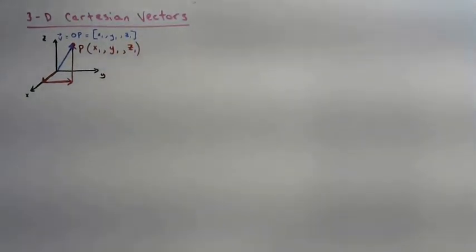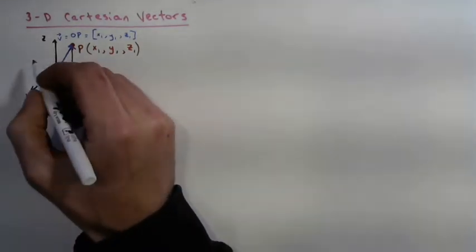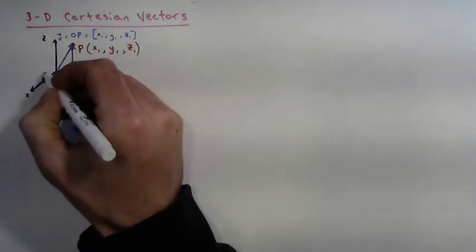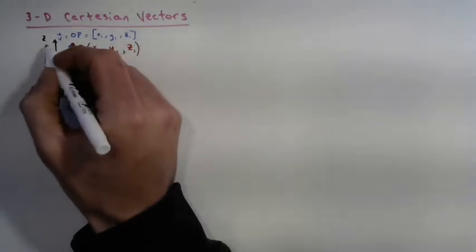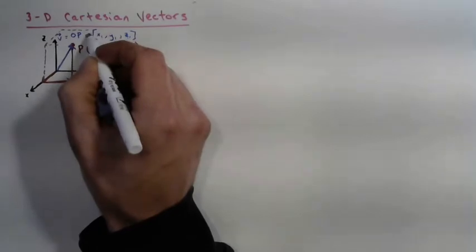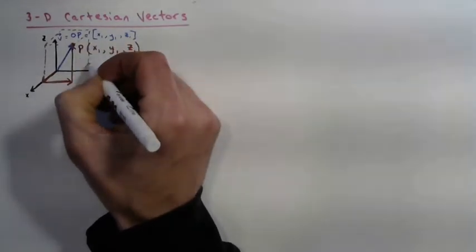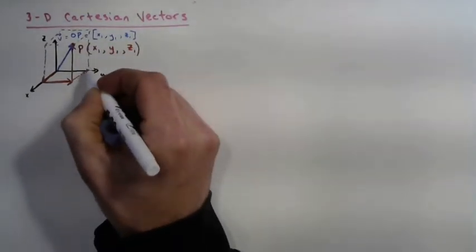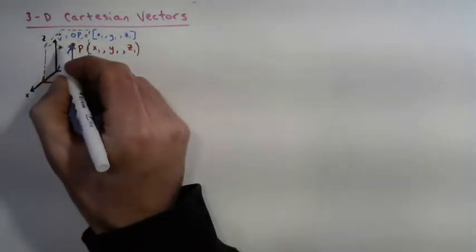And again, if I wanted to finish out this diagram, if I wanted to finish out the prism that I make, then from each point: up, across, over, across, down, down, and there's our prism, okay?